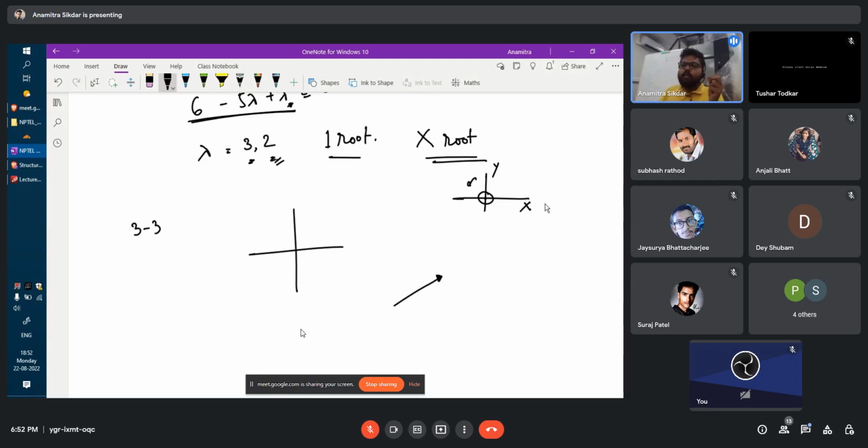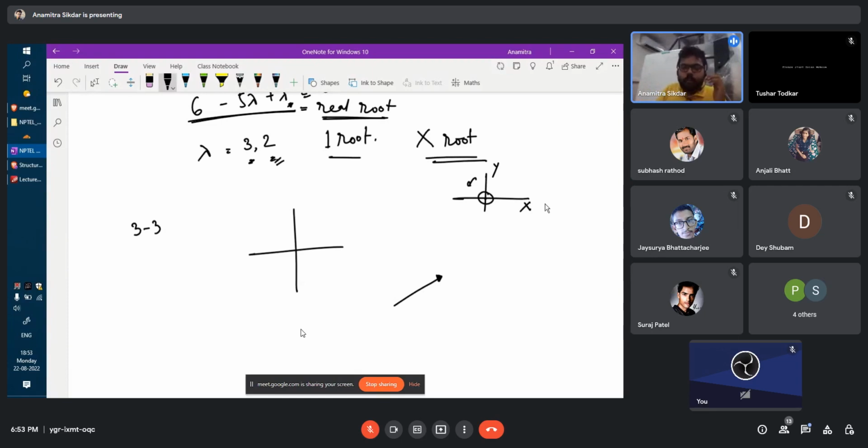So no eigenvalue implies no eigenvectors. If this equation does not have a real root, then there will be no real eigenvector. So there will be no possible direction where this axis or direction remained the same, right?